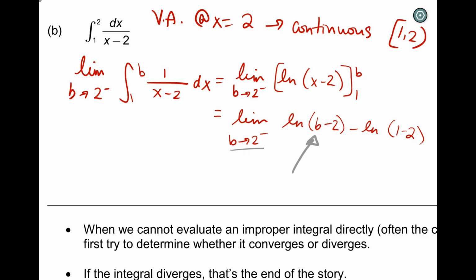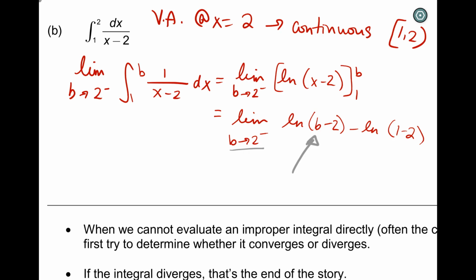We're not taking ln of 0, but as we go from 1 to 2, for instance, if I have 1.9, I'll be taking ln of 0.1. If I have ln of 1.99 minus 2, I'm taking ln of 0.01. As b approaches 2, we're approaching ln of 0.